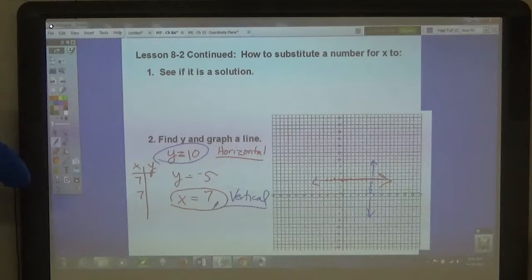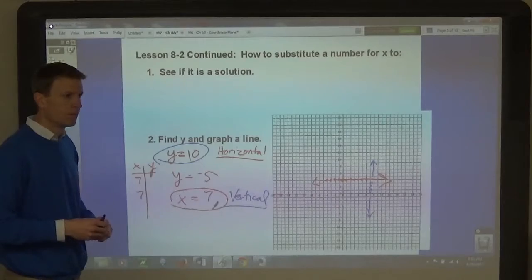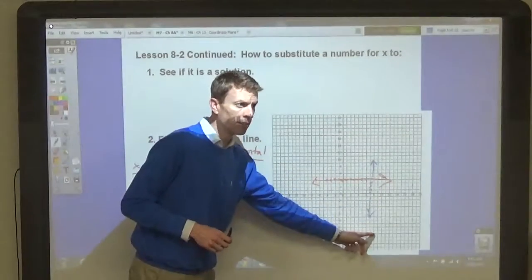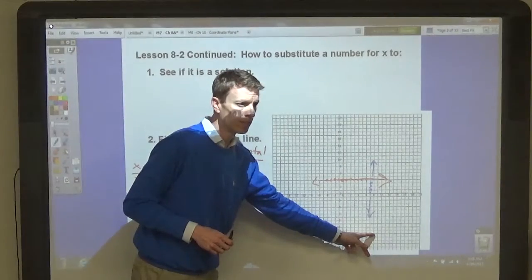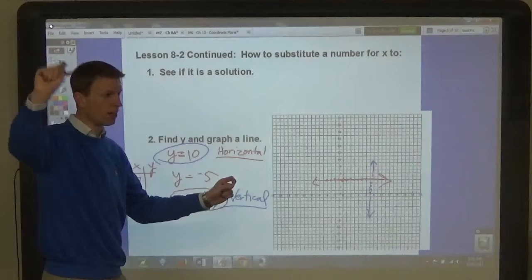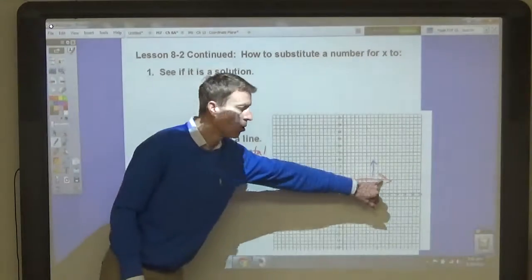Student: When y equals a number, how do you know how many lines you have to go over? Like you put so many dots, but why did you just write 10 dots? You really only need 2 dots in order to draw a line. Okay? Just connect 2 dots. Why do you need dots? To draw a line, to know where the line goes.